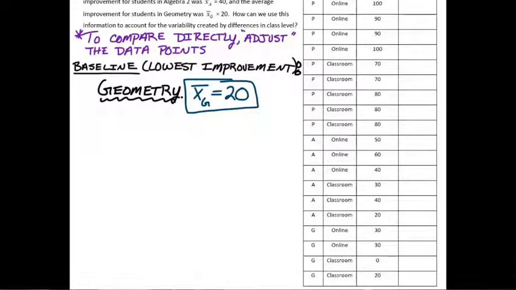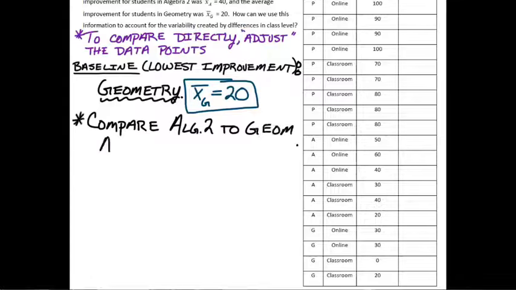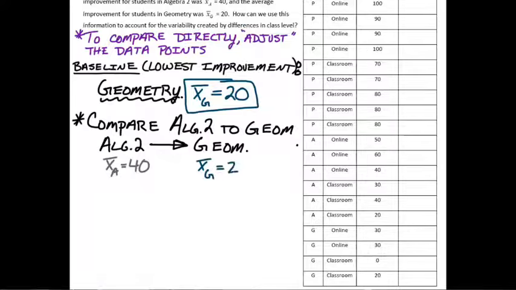So if I compare everything to the geometry mean, let's start with algebra 2. If I compare my algebra 2 scores to geometry, so algebra 2, the mean was 40. Geometry, the mean was 20.